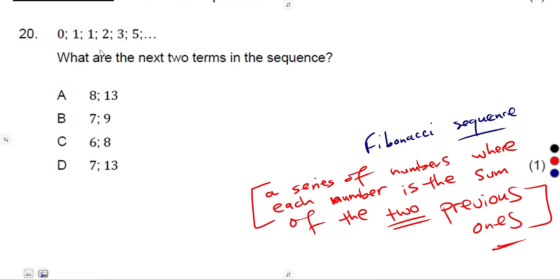So normally starting with 0 and it repeats this 1, 1, then you think of the Fibonacci sequence.